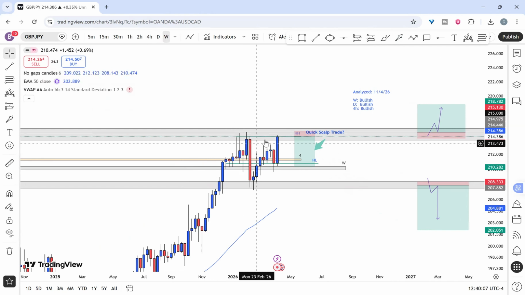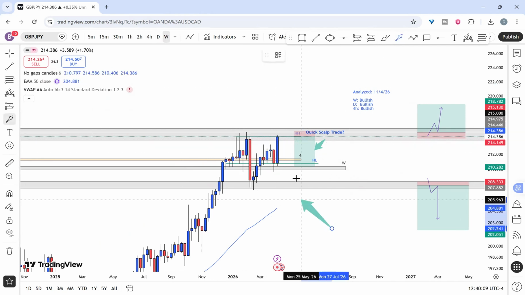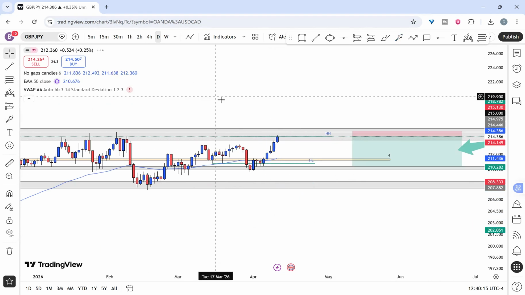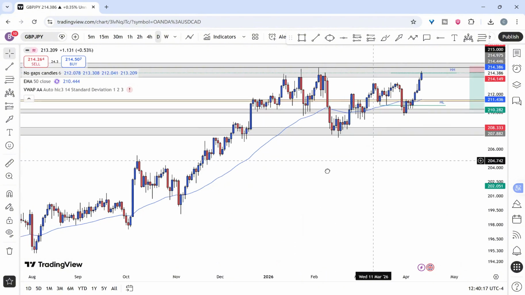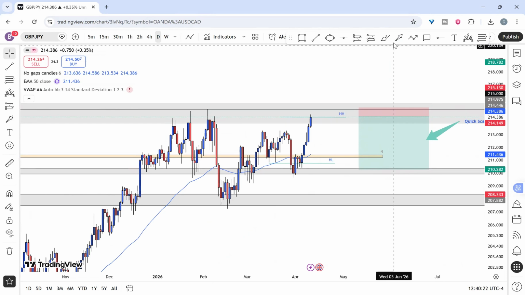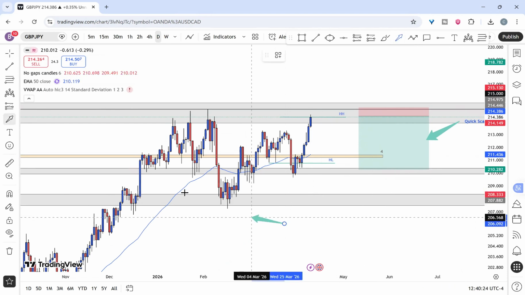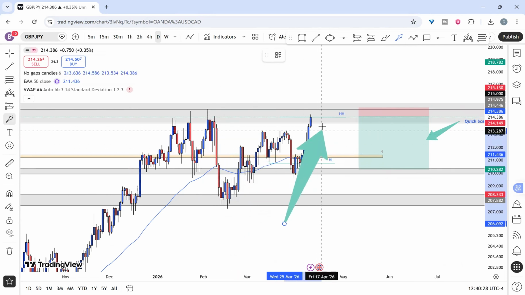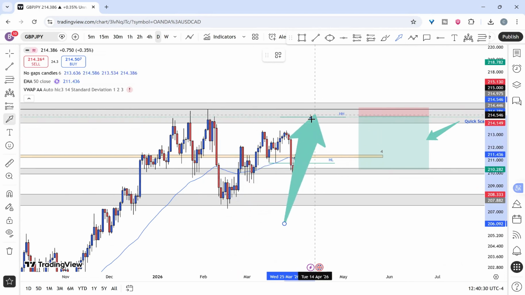So why is this? On the weekly time frame, we have a beautiful long bullish candle. But if we look down to the daily time frame, what do we see here? We see a very solid resistance level because it did hit once, twice, 3 times, and now about the fourth time.